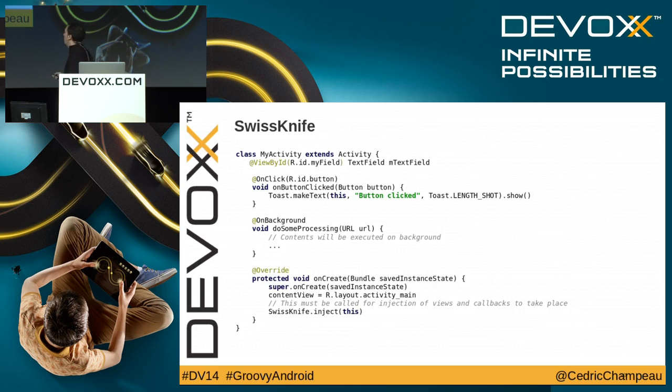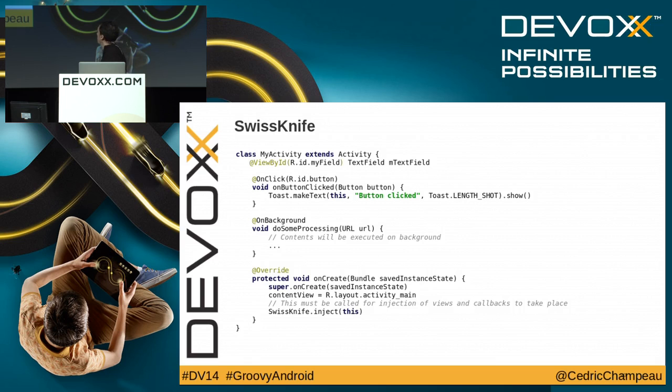In that case, you have another example of background processing. In my previous example, I was using the fluent async API, but using SwissKnife, you can annotate with onBackground, and that will run in the background without having to declare anything, without having to create an AsyncTask or whatever.